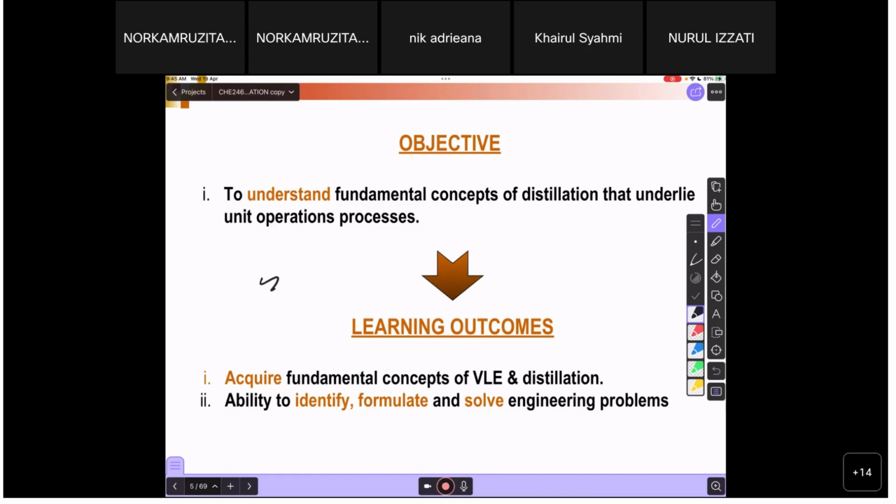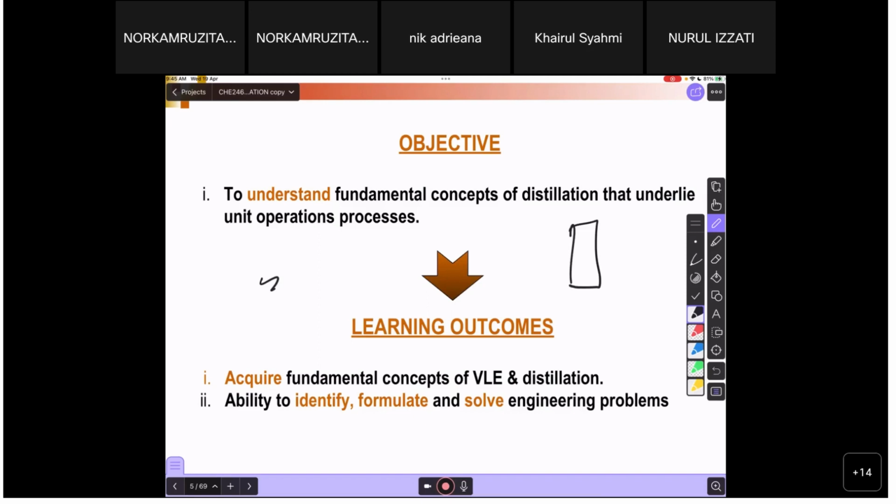It is very simple because it does not involve reaction. Whatever goes into the system will come out from the system.